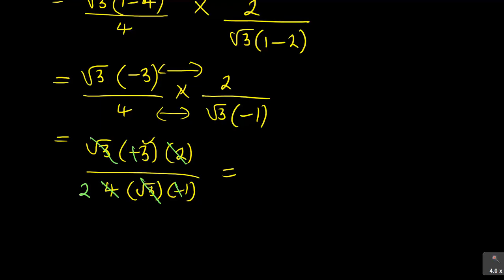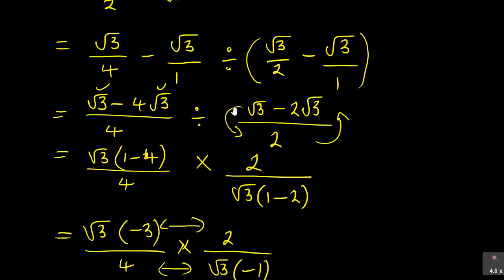I think I'm having a 3 here, so it is 3 if I'm not mistaken. Am I right? Is it 3 over 2? Am I right there? Because there is a 3 remaining and there is a 2.